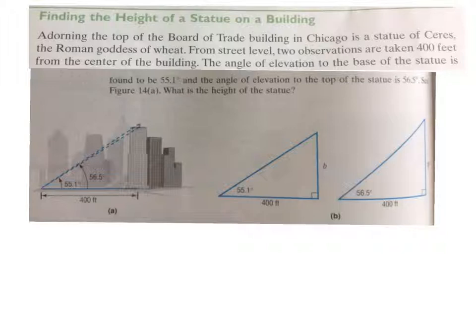Okay, so looking at this situation right here with the two triangles, what we can do is, if I know the height to the base of the statue, and I also know the height to the top of the statue, the difference between the two should be the actual height of the statue itself. So we're going to use tangent for this one as well. So tan of 55.1 degrees is going to be equal to b over 400.